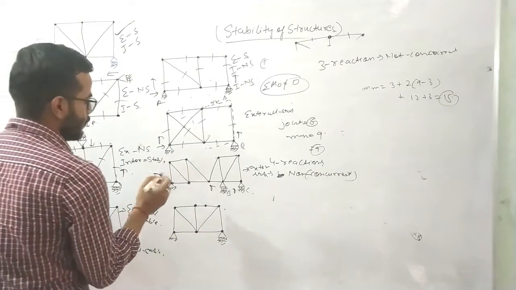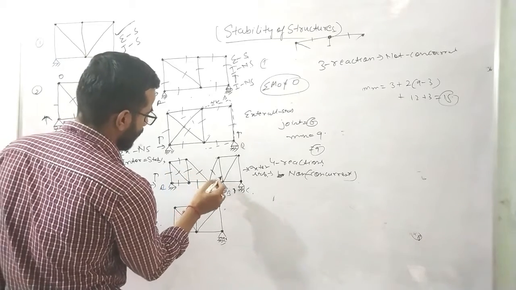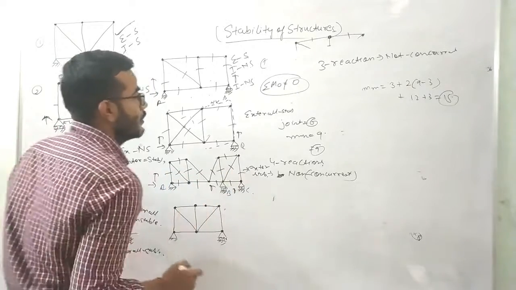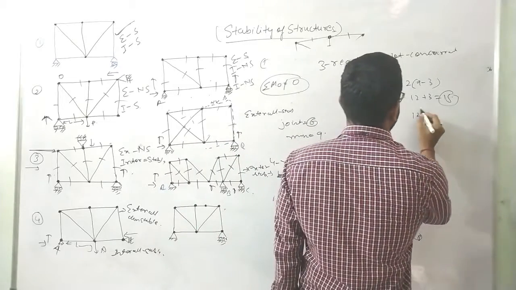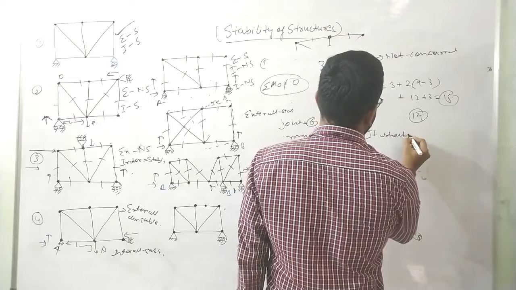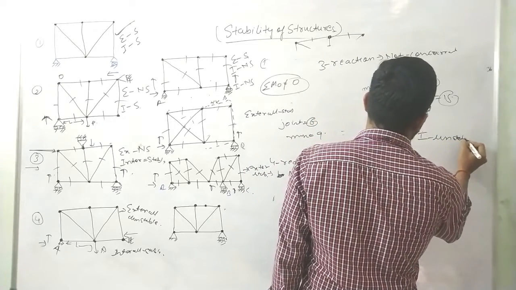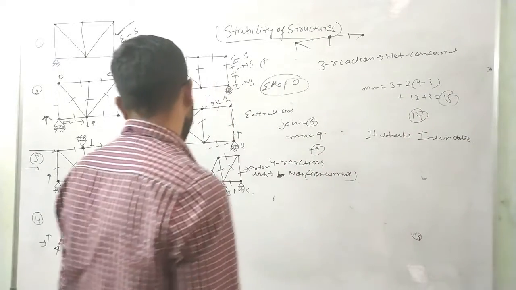Let us calculate how many members are provided. 1, 2, 3, 4, 5, 6, 7, 8, 9, 10, 11, 12, 13, 14. 14 members. So it should be internally unstable. But it is not the case.